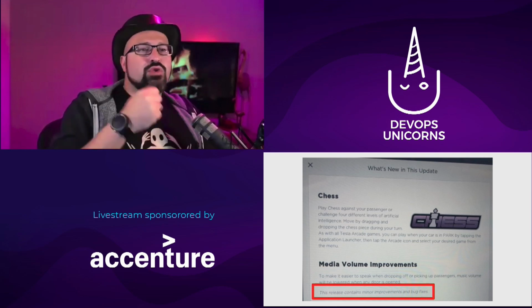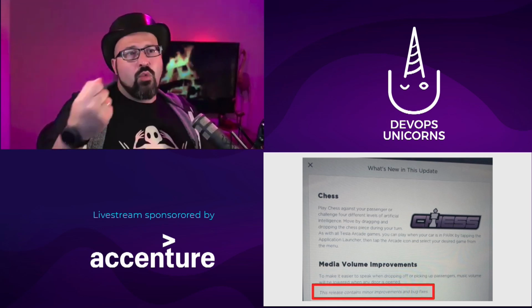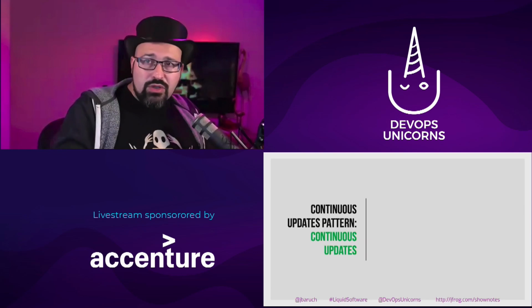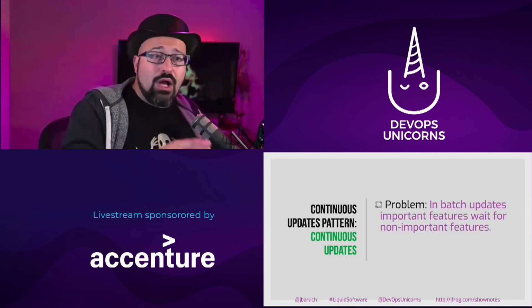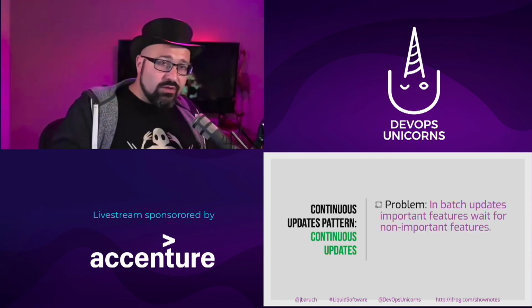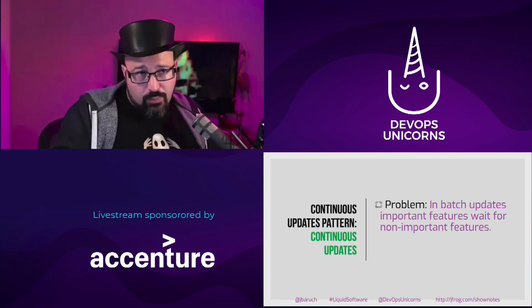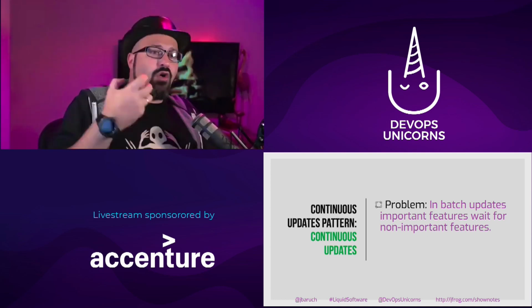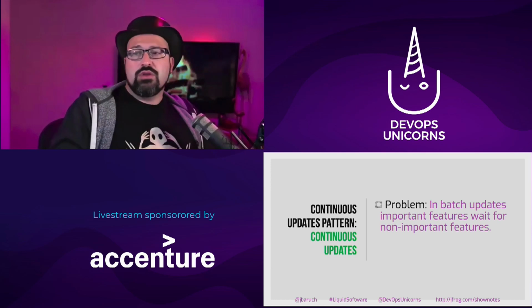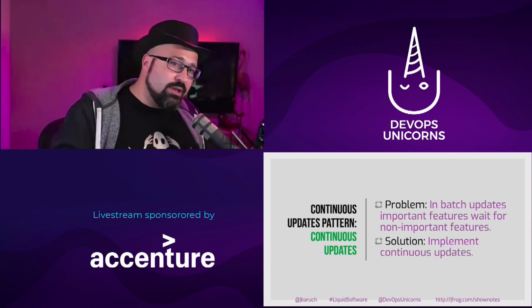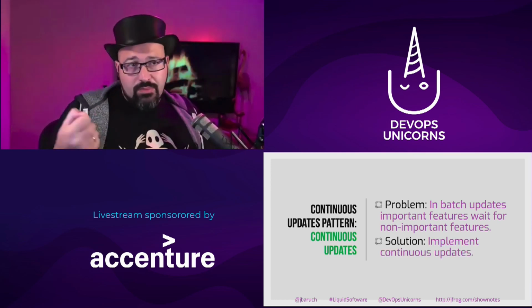No matter how you look at it and how you judge what's important, when you do updates in batch, important features wait for non-important features. So instead of batching the features together, you should really implement continuous updates and release the features when they become available.